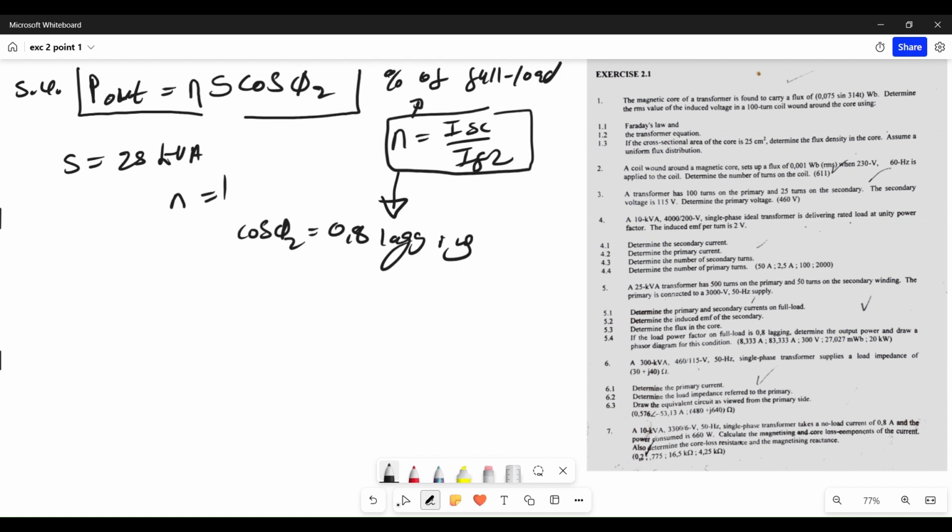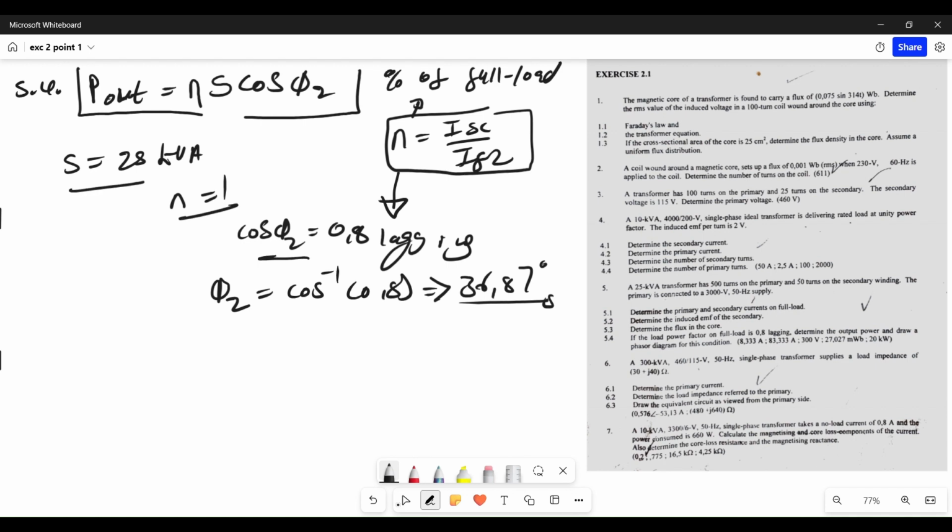We might need the angle. So for 0.8, the angle will be 36.87 degrees. We simply take the power factor, the N, and the S, and substitute inside this equation.